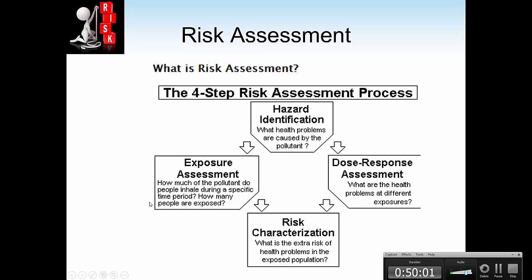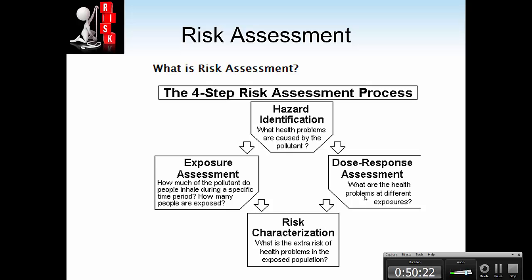From there, we go to exposure assessment. How much of the pollutant do people inhale or ingest during a specific period of time? How many people are exposed? We also look at dose response assessment. What are the health problems at different exposures?